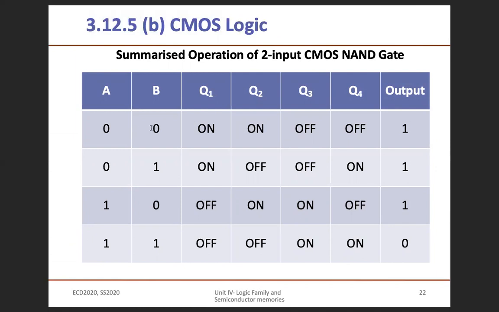If you give 0, 0, Q1 and Q2 are P channel, Q3 and Q4 are NMOS. So for 0, 0, definitely these two will turn on and these will be off. For 0, 1, it will depend on where you connect it. As I explained already in the previous slide.